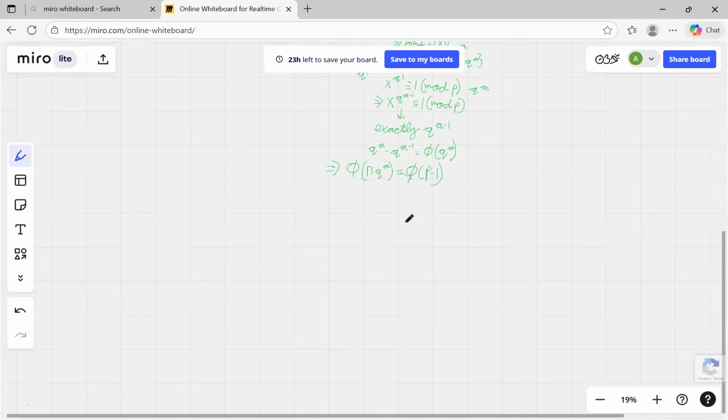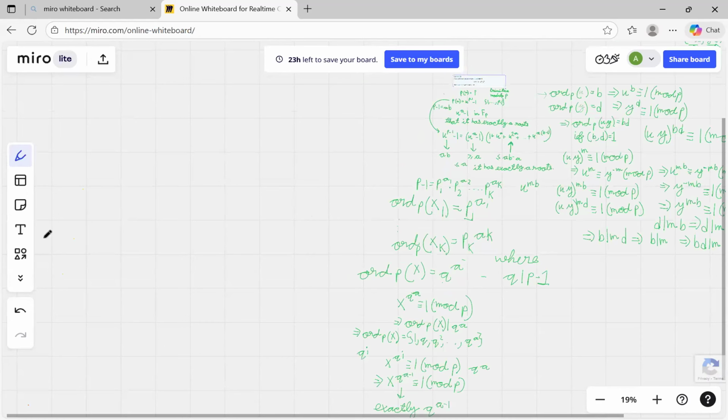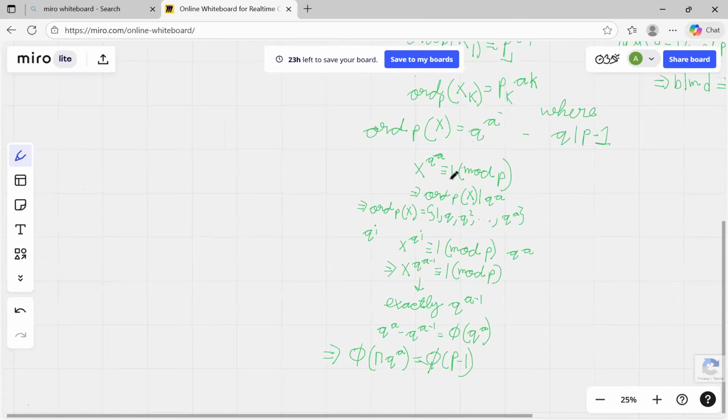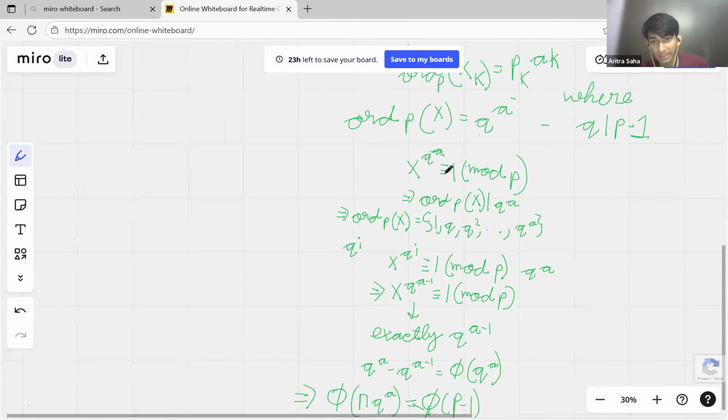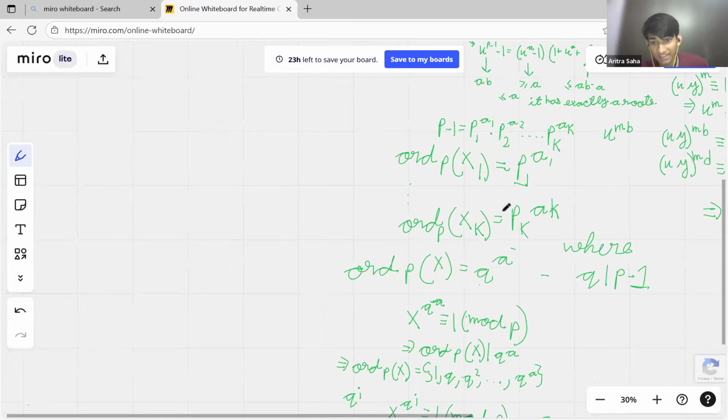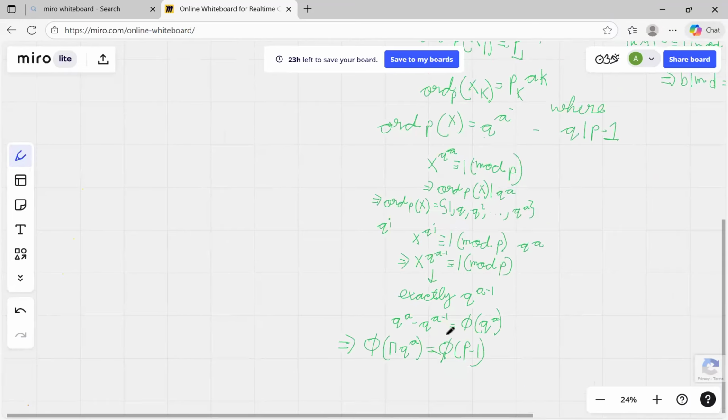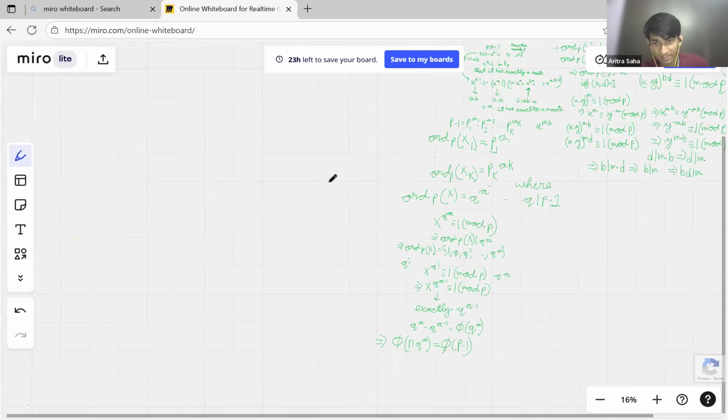I think your proof gives at least phi of p minus 1 roots, not exactly phi of p minus 1. Oh no, it gives exactly. Because we know that there are exactly q to the power a minus 1 roots, right? And we know that the actual thing has exactly q to the power a roots, because that's what I proved. And that's why the total thing has exactly this many roots, right?